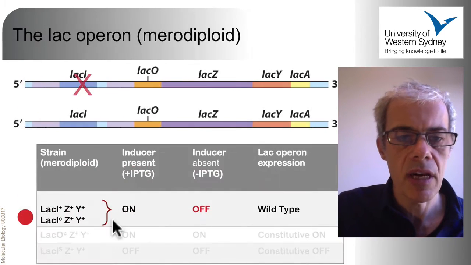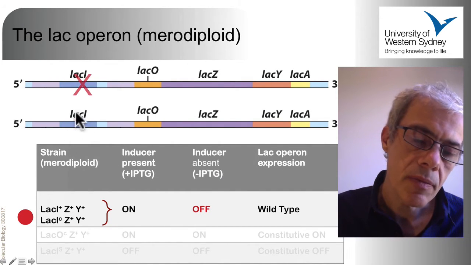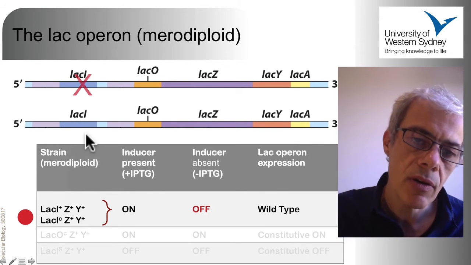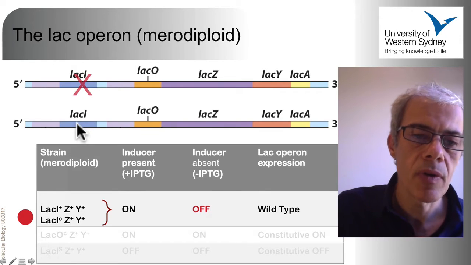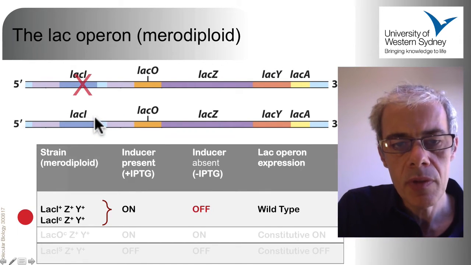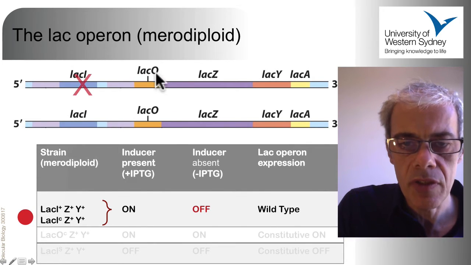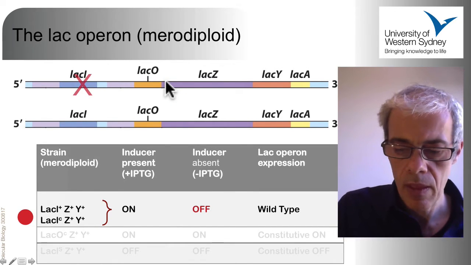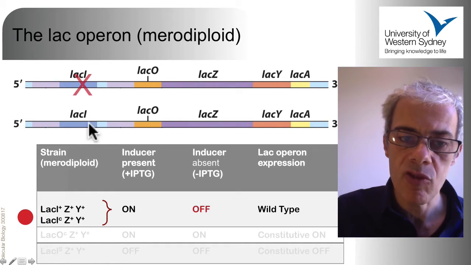So getting back to this diagram here, their conclusion, and we know this as a matter of fact now, was that this gene product, the wild type, codes for something which is able to diffuse and affect the other copy of the DNA that was mutant. And effectively we know that today to be the Lac repressor.